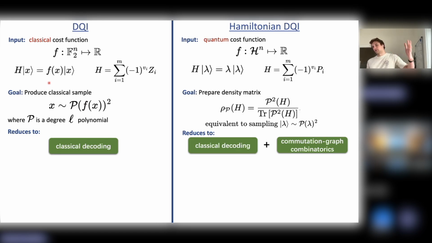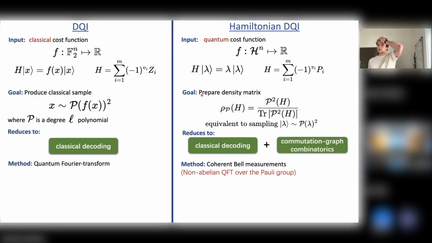As I've said, in DQI, you reduce this to classical decoding. In Hamiltonian DQI, you get some extra problem as well. The method in DQI is Regev's reduction, or in other words, just a quantum Fourier transform. And the way we write Hamiltonian DQI in our paper, the method we use is what we call coherent Bell measurements.